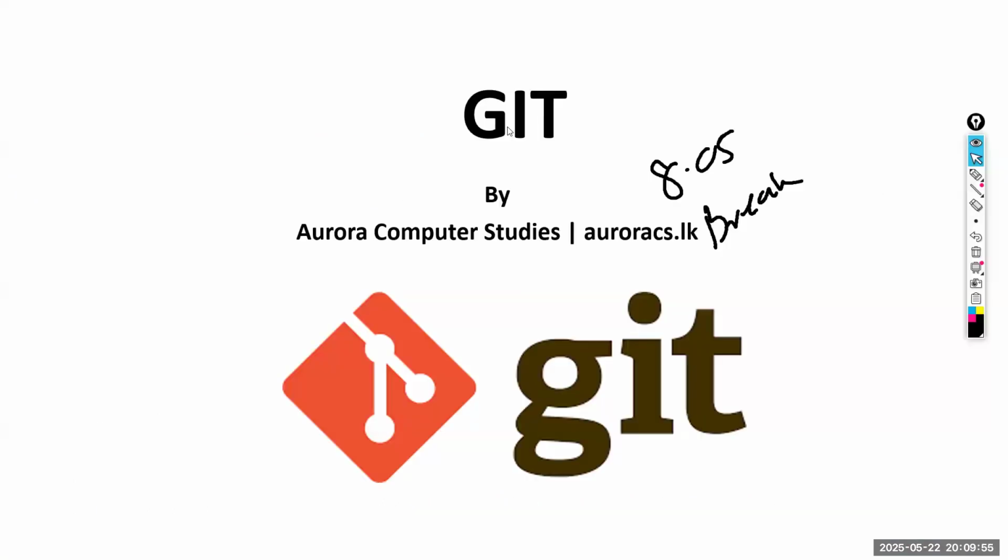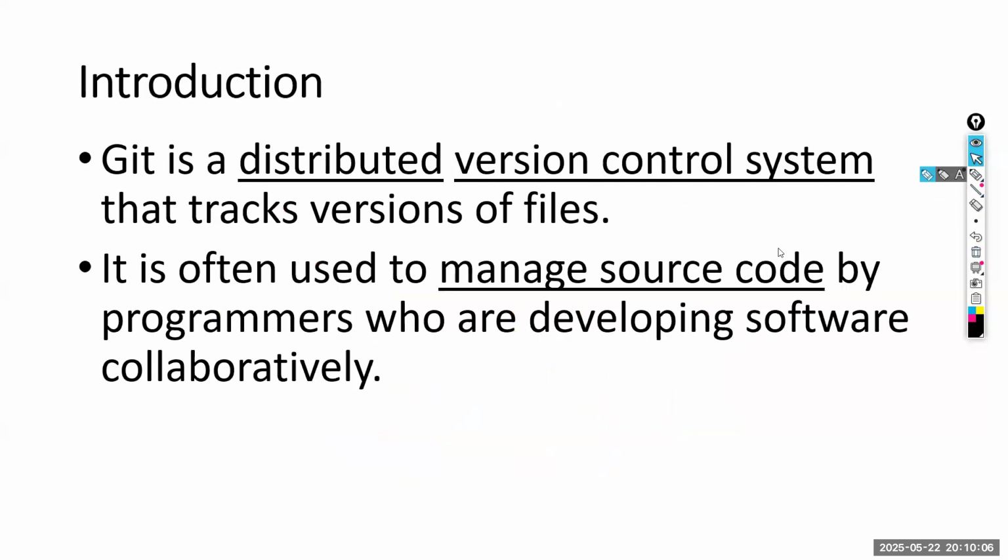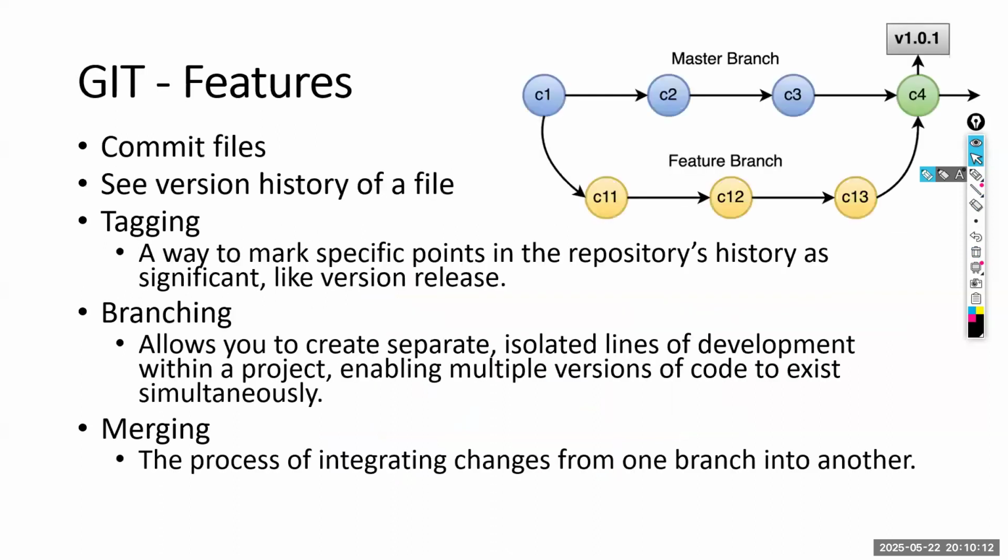So now we move on to our first tool, which is a continuous integration tool, that is Git. Okay. So Git is a distributed version control system that we can use to manage source code. With Git, you can check in or commit your files to see the version history, tagging, branching, and merging from one branch to the other.